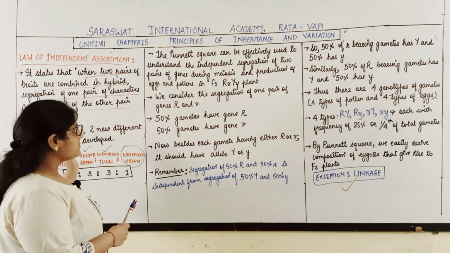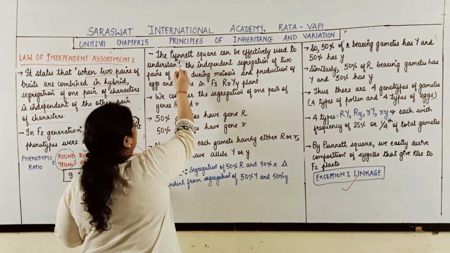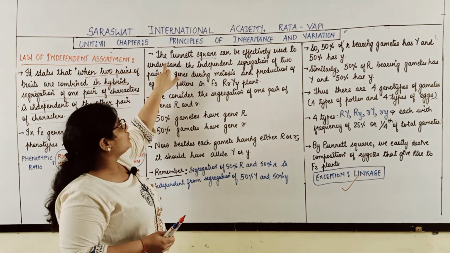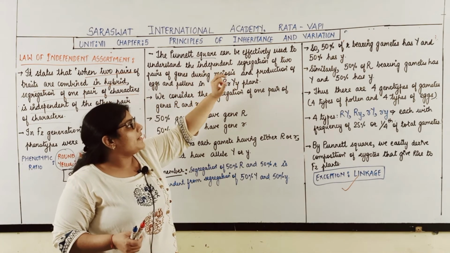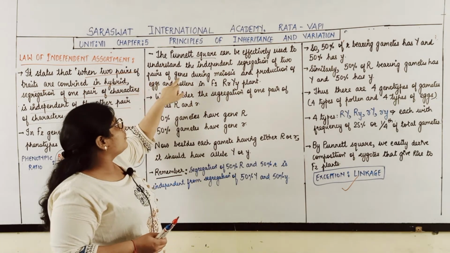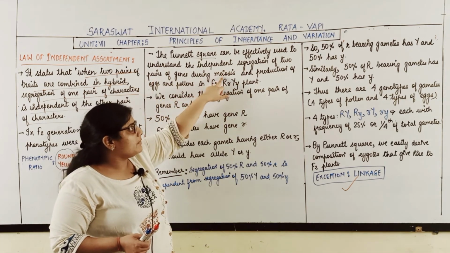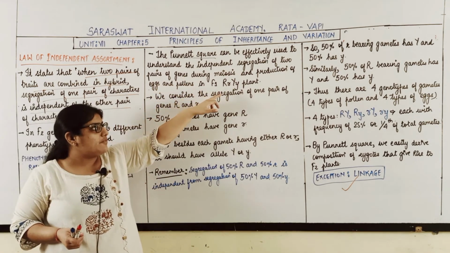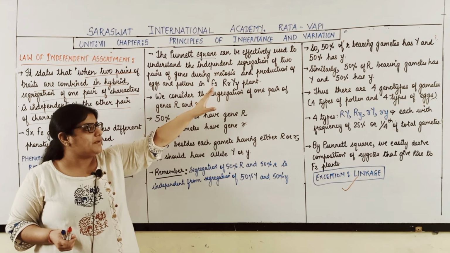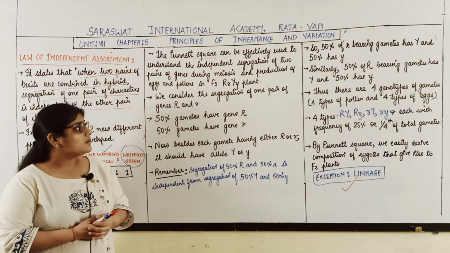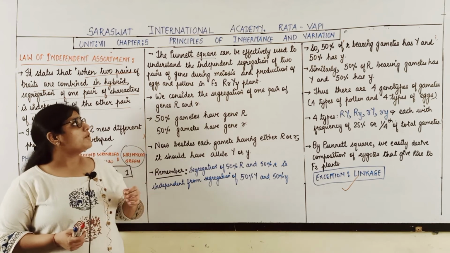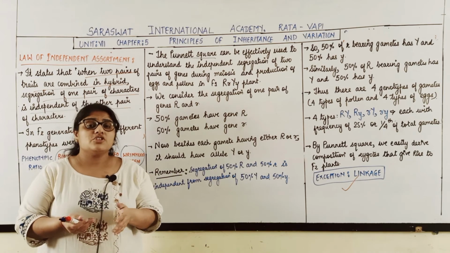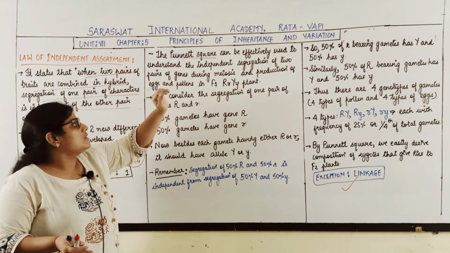Now students, to study this we use the Punnett square. It can be effectively used to understand the independent segregation of two pairs of genes during meiosis and the production of eggs and pollens in the F1 capital R, capital Y, small y plant. Which type of gametes will be formed and how do the genes behave during meiosis?